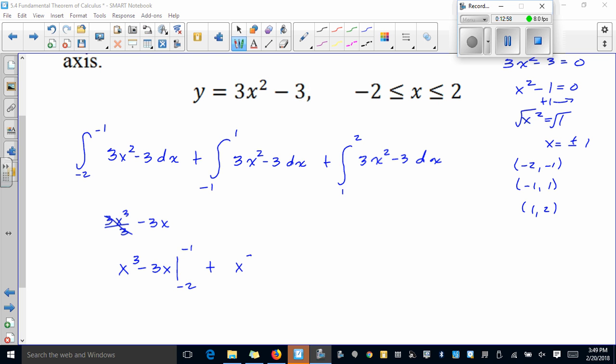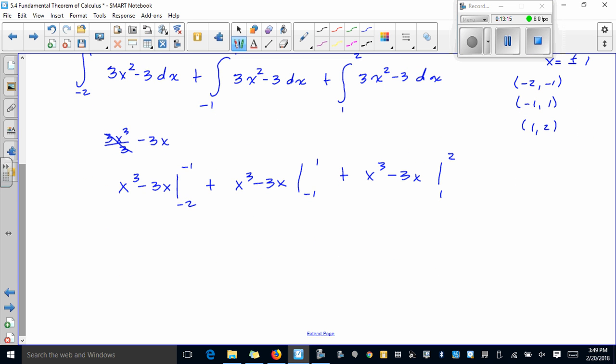Okay, so on these ones here, we plug in negative 1. So you get negative 1 cubed minus 3 times negative 1, minus, then you plug in negative 2. Negative 2 cubed minus 3 times negative 2. And this is going to be the absolute value of it. Plus, and then do it again here. 1 minus 3, and I'm just going to straight out do that because it's 1.